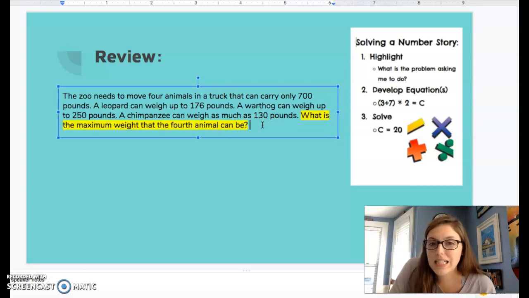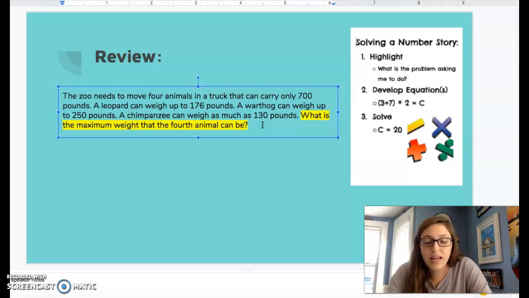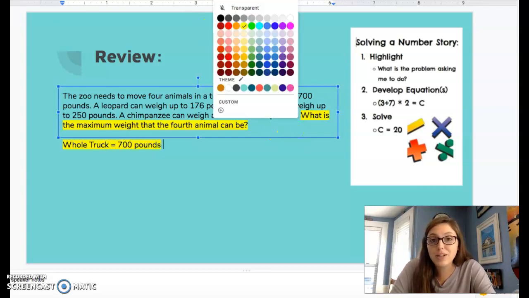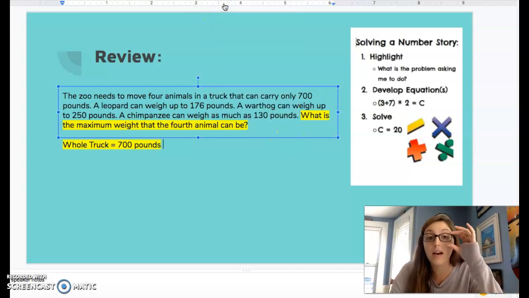Now that I know what the problem is asking me to do, I need to think, well, what information do I already have? I know that the whole truck can only hold 700 pounds. So all 4 animals in that truck need to weigh 700 pounds or under.